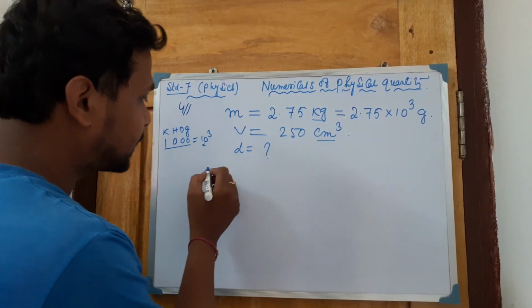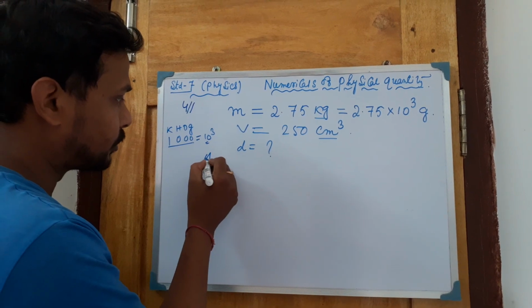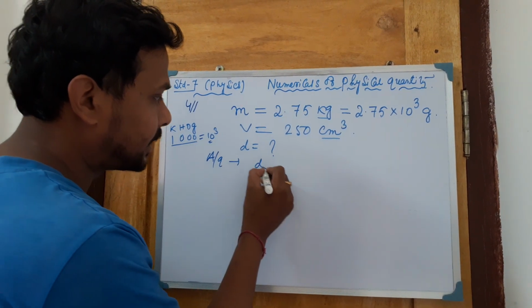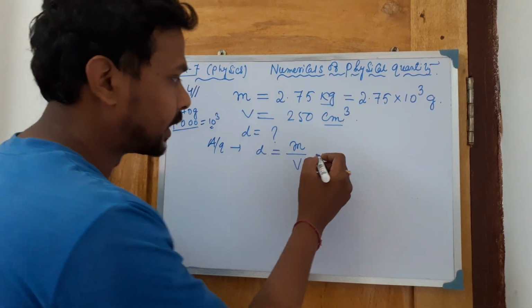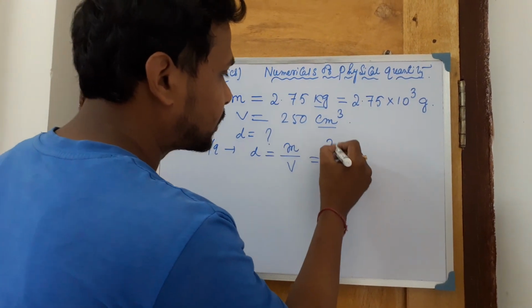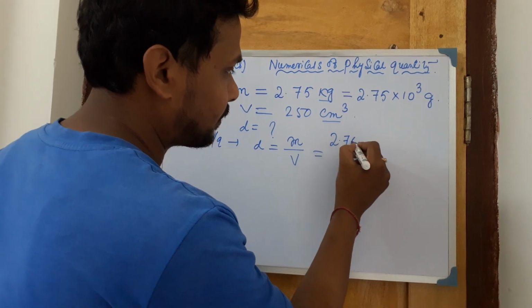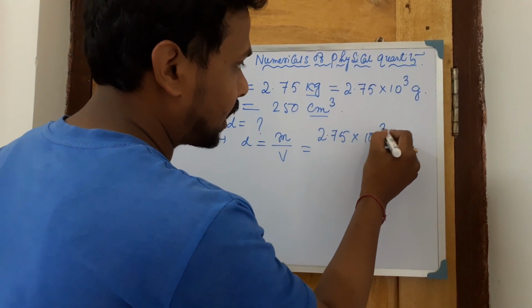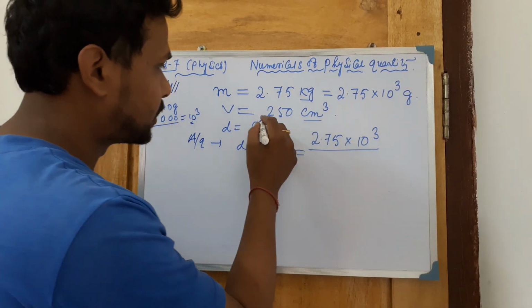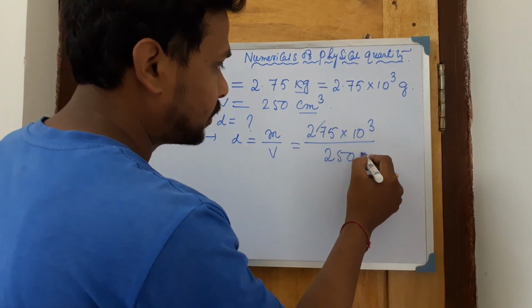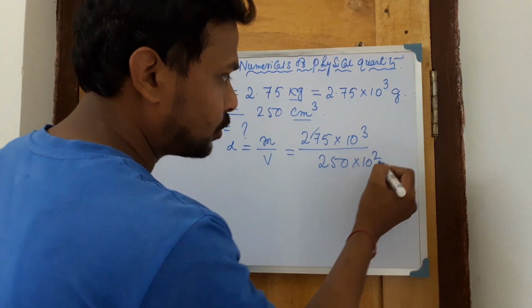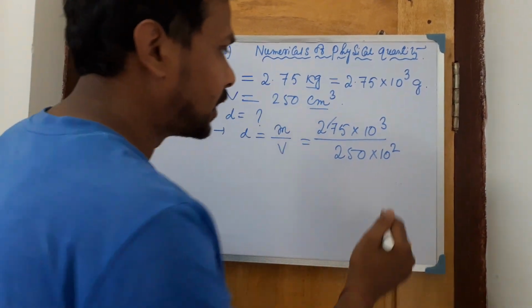Now density is equal to what? Solution according to the question: density is equal to mass by volume. That is the formula, we all know that. So mass is what is given here, because I have just converted into gram unit in the same system of units, and the volume is 250. From here 100 means 10 to the power 2 will come.